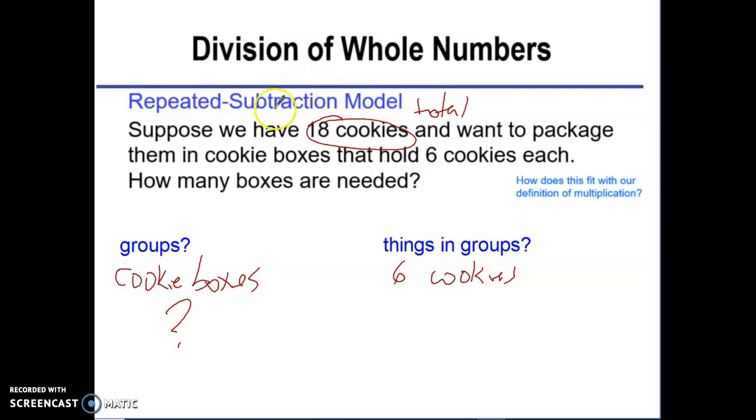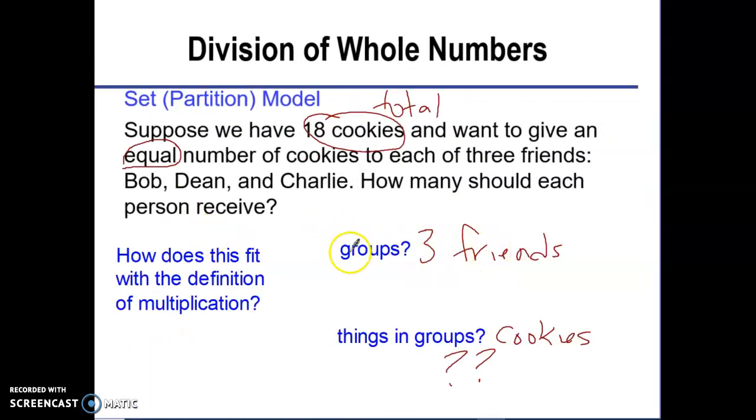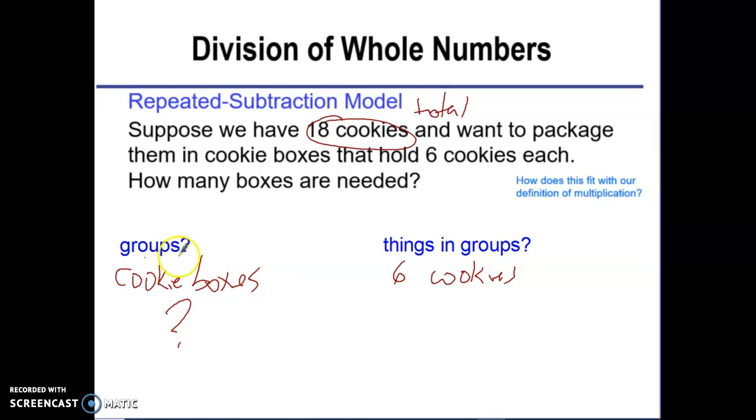So with this repeated subtraction model, I'm given the total. That's true for both models. But this time I'm looking for the groups and I know the things in the groups. What I had last time was I knew the groups and I was looking for the things in the groups. So I'm in exactly the opposite situation here.